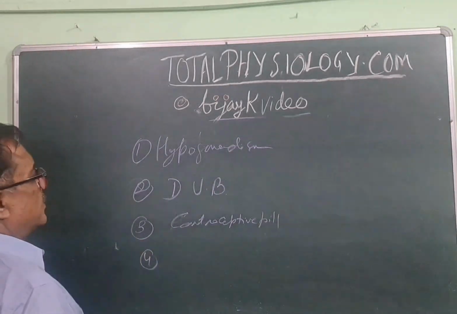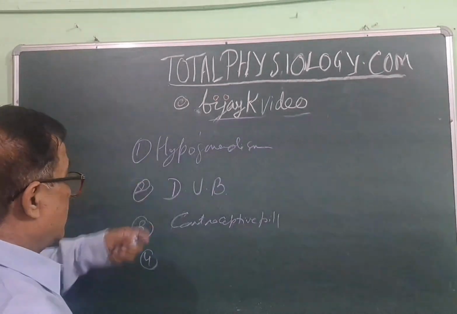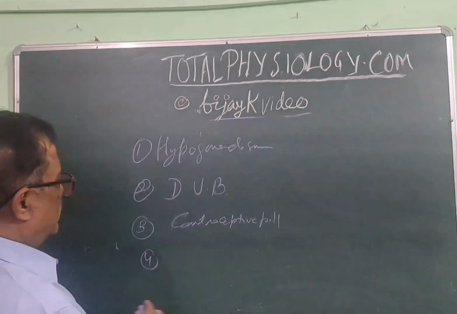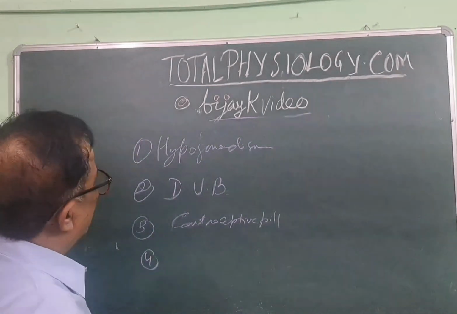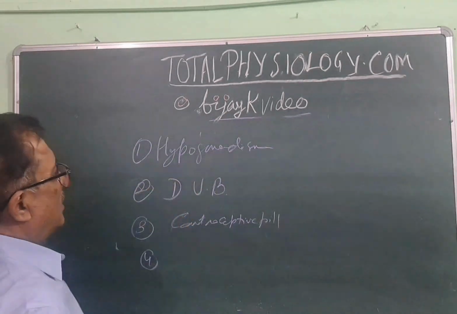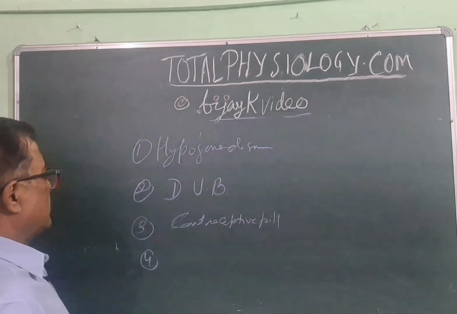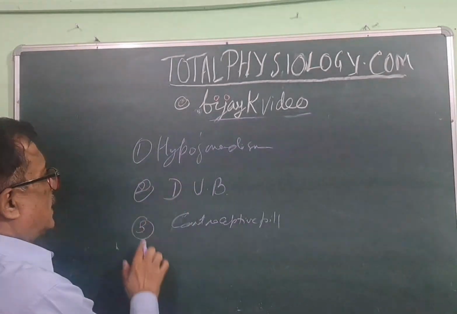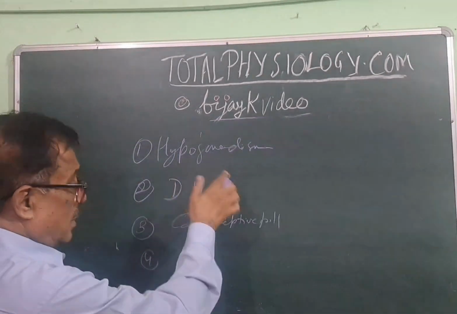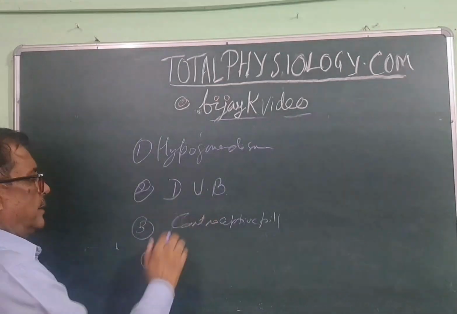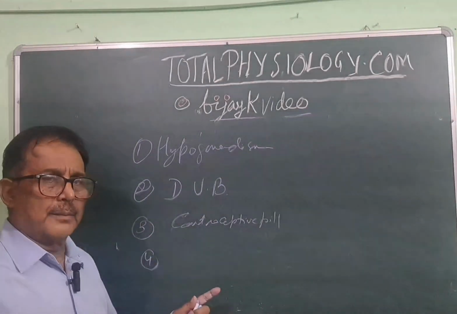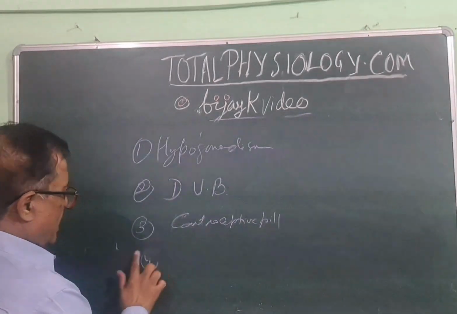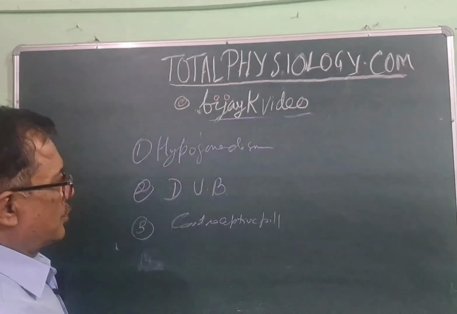So these are the main clinical uses of estrogen: hypogonadism, dysfunctional uterine bleeding and contraceptive pills.